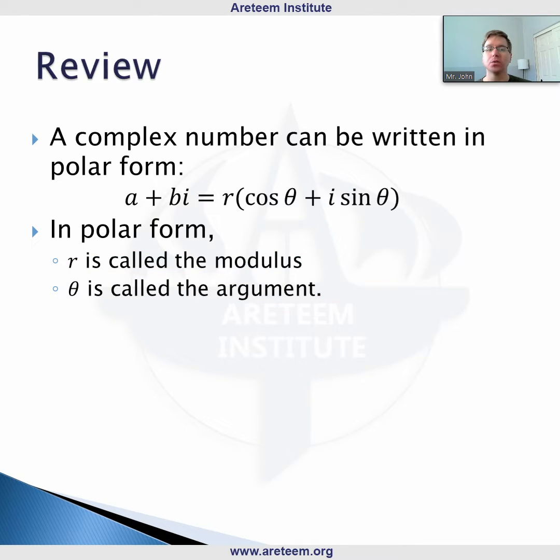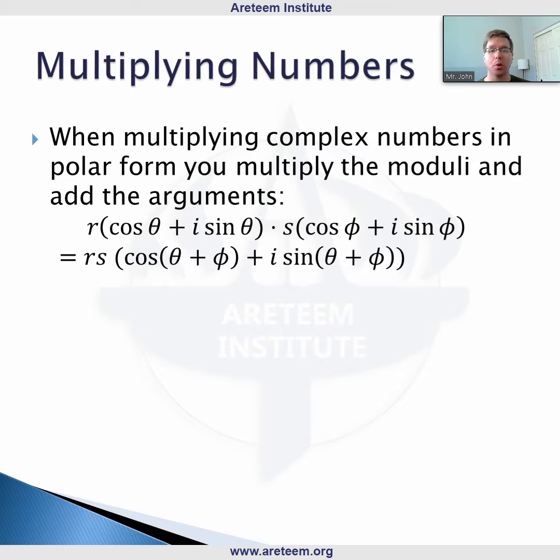And this is also something we reviewed in the polar form video, but the power here comes when you're multiplying. If we have 2 complex numbers, a first complex number here written in polar form, so r cosine theta plus i sine theta, and then we have one in polar form as well, s times cosine of phi plus i sine of phi. So we have 2 different angles there.